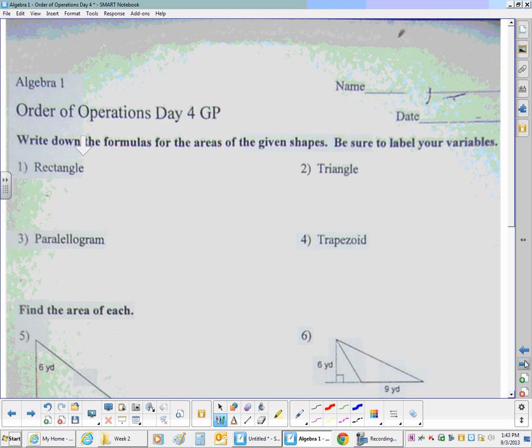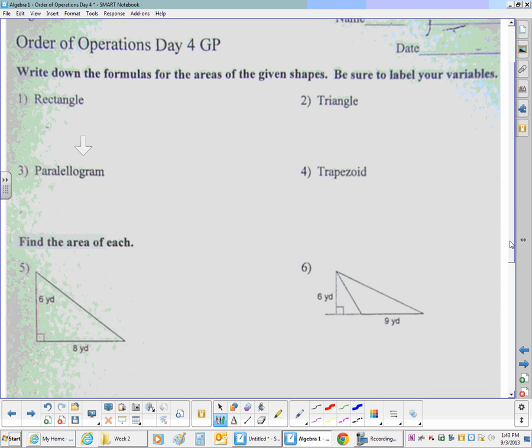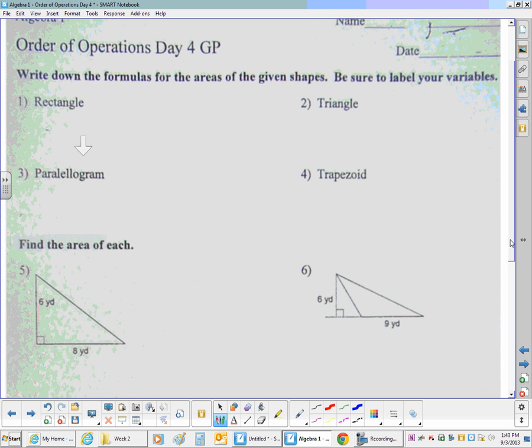So our guided practice for today, if you can take a look at your sheets that you have. First, we start off by asking you to write down the formulas for the areas of the given shapes. So for a rectangle, the area equals base times height.